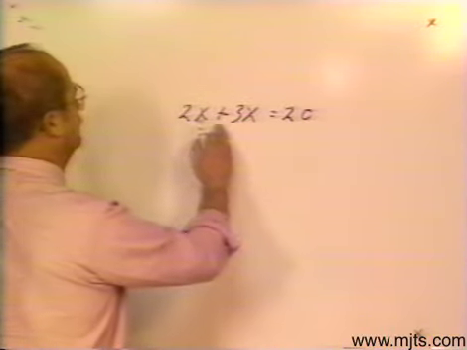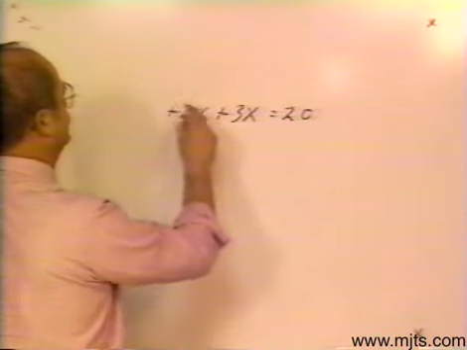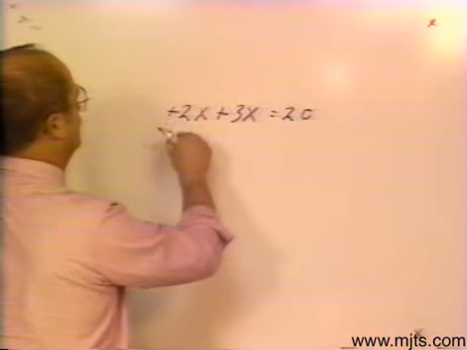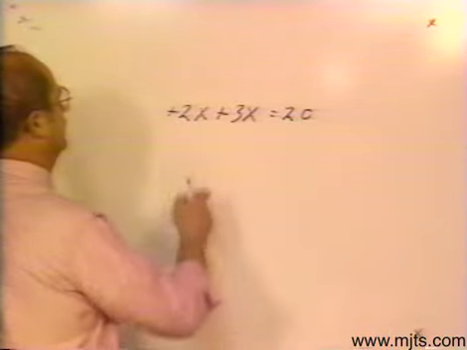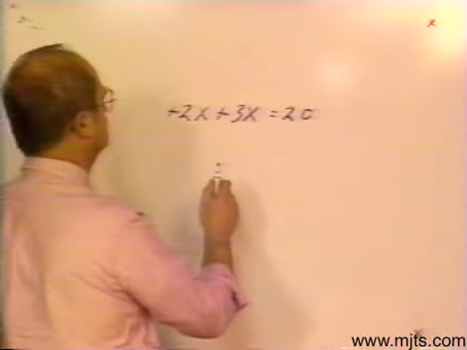Now, there we have x's we have to combine. It's understood to have a plus out front. That means then I would be adding those two together. They're both like signs. I would add them together and use that sign.